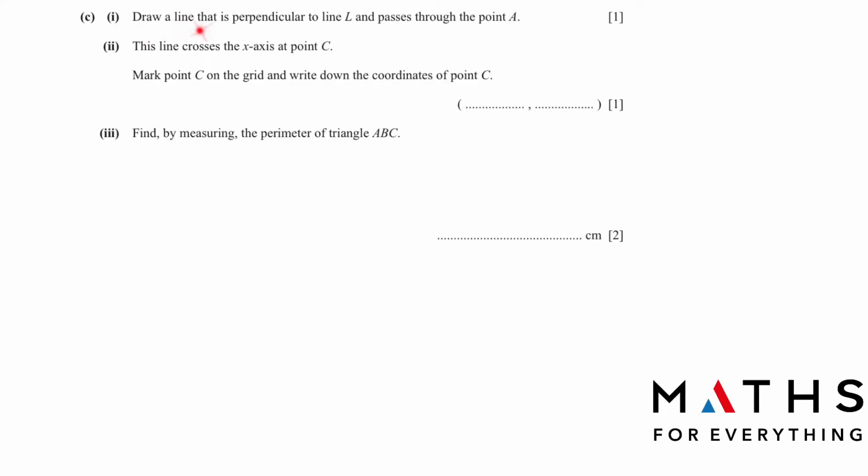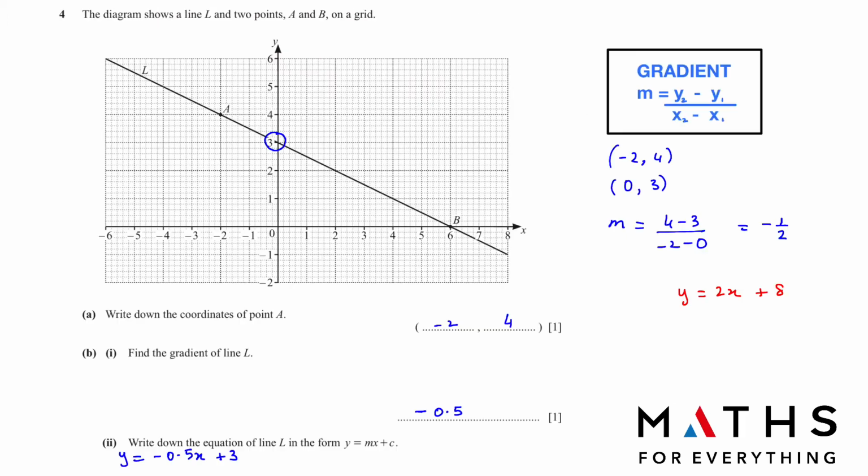In C1, we have to draw a line that is perpendicular to line L and passes through the point A. This is easy to draw. Perpendicular means it should be at 90 degrees. So with a ruler, be careful how you draw the line. It should be perpendicular, remember. So your ruler has lines like that, no?